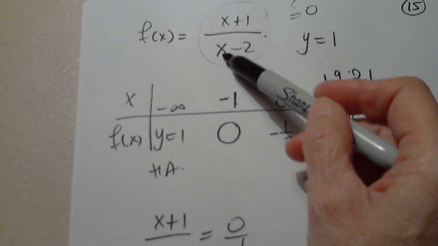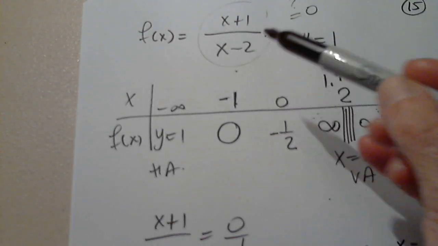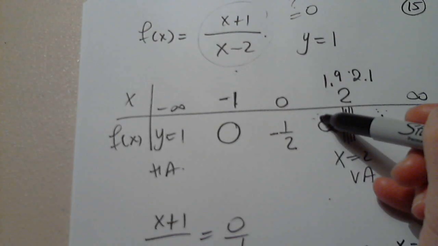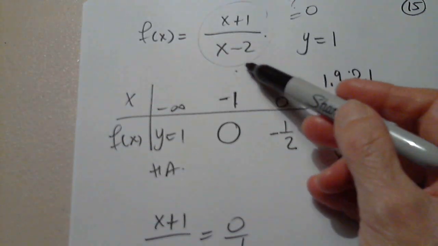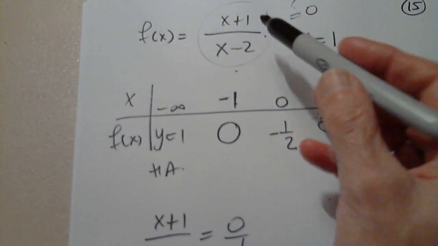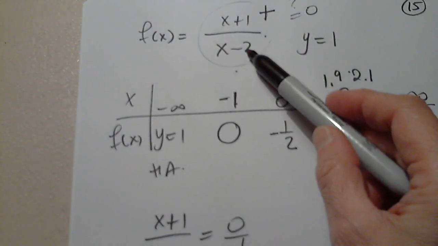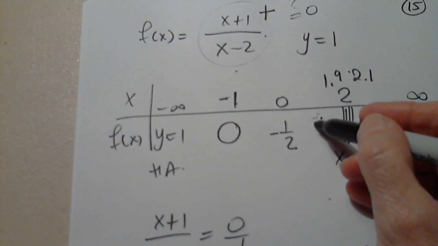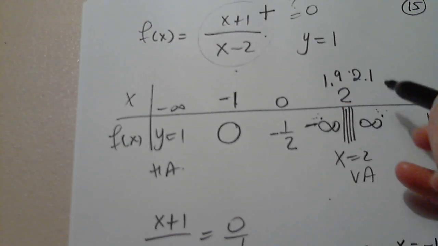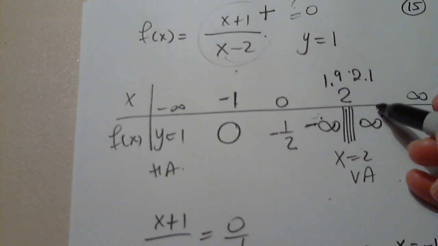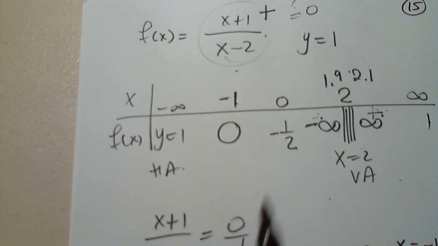But if I plug in 1.9 here, what sign do I get? 1.9 minus 2 will give us the sign because the numerator is positive no matter what. Would it be a negative? Of course. And if I plug in 2.1, what sign do I get? Positive? Indeed. That's all I need.